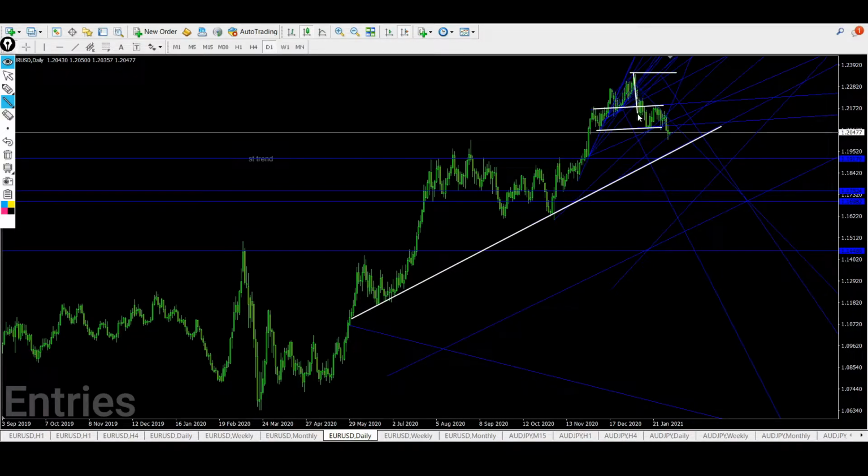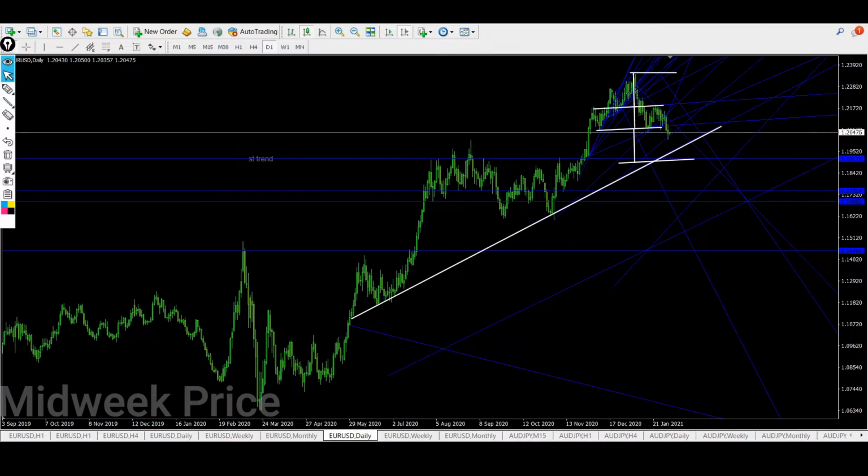Fake HNSs typically don't go their target distance. So this target distance being like this area, it probably wouldn't reach there. If you're shorting this trade, I suggest not taking that target distance, taking profits a little bit early. But we also talked about this level coinciding with this level that we want long. So we're just waiting for price to fall back down there for our entry long to target here.